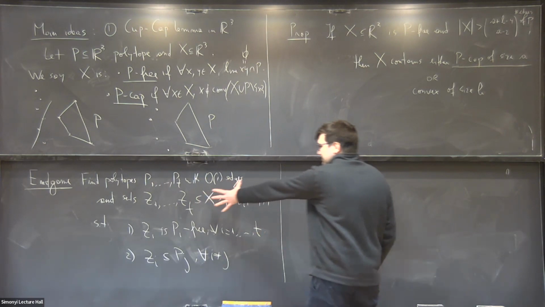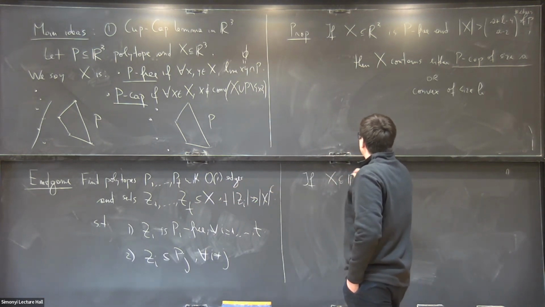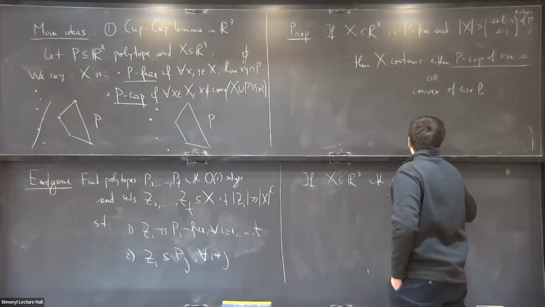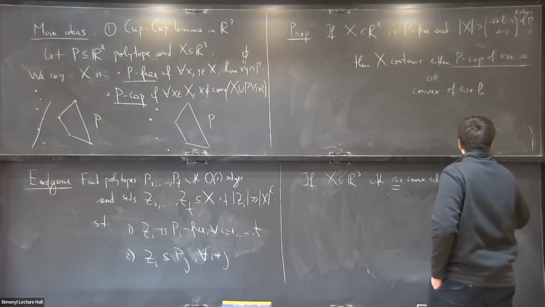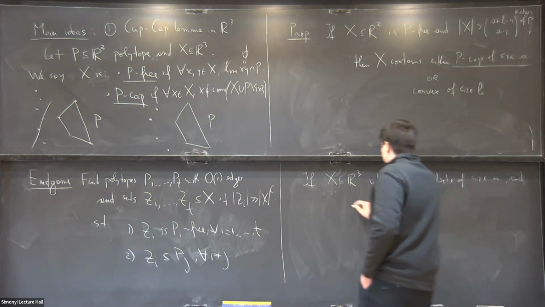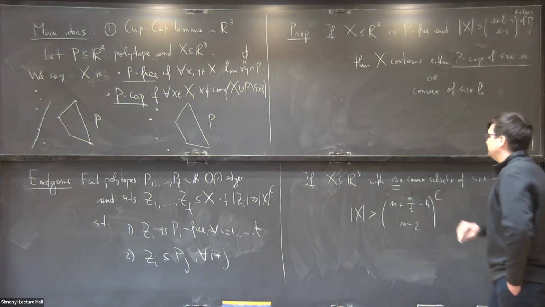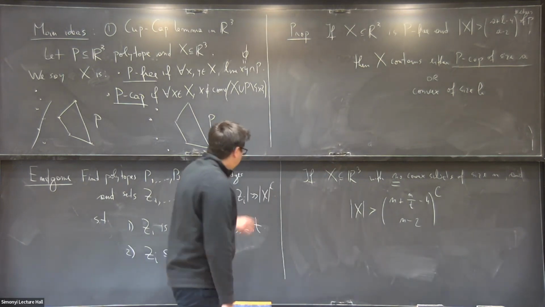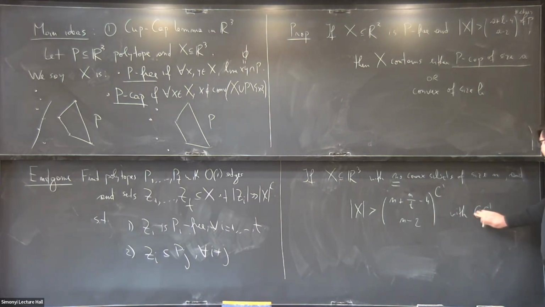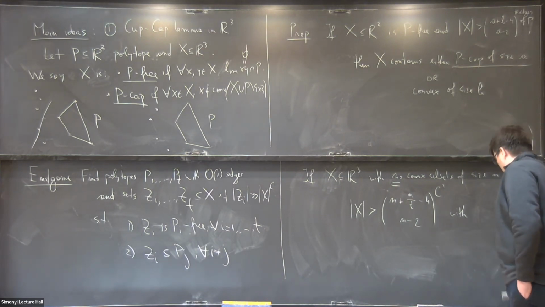Okay, so why would such a structure be useful? So the point is that, if I start with a set X in R3 that doesn't have convex subsets of size n, and X is larger than a certain binomial coefficient raised to some power, let's say C prime, where C prime satisfies, I don't know, C bigger than the maximum number of edges.